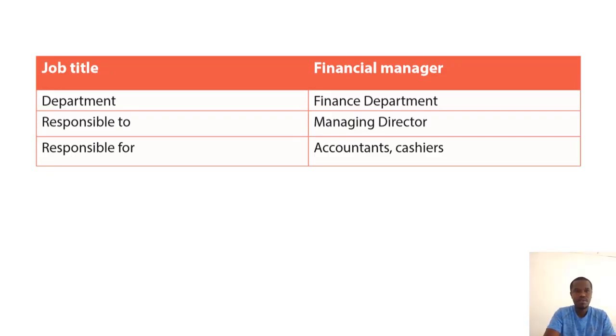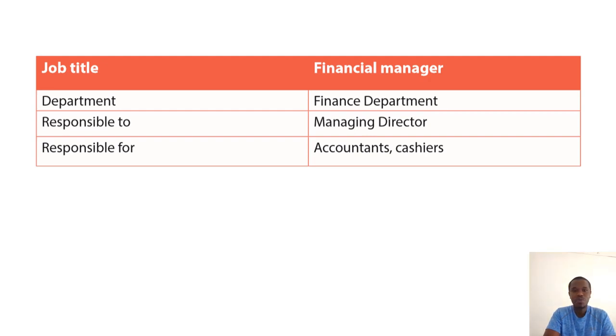We are saying we are hiring a financial manager, so we're going to see the job description for this financial manager. We're going to see the business department. Where does this financial manager belong? In which department of the business? Finance department.